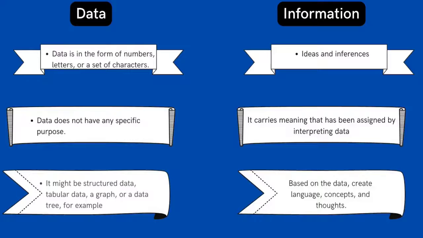But information is based on the data, creating language, concepts, and thoughts. Additionally, data is never designed to be specific for the need of the user, while information is always specific to the requirements and expectations of the user.